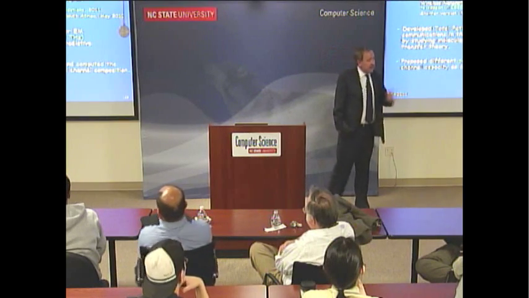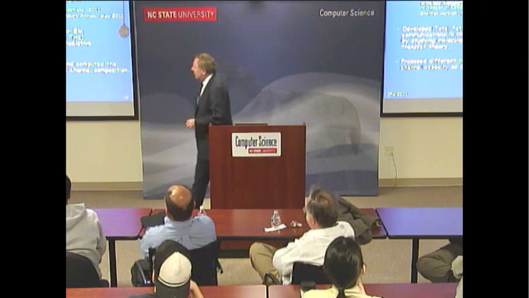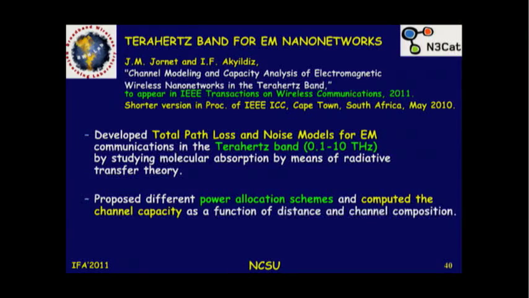So now, after applications, I want to go back and revisit the terahertz band for electromagnetic cases. Okay? So this is the paper where we try to understand how the terahertz band behaves. When these nano devices are communicating in the terahertz band, what can we expect? What can we do?